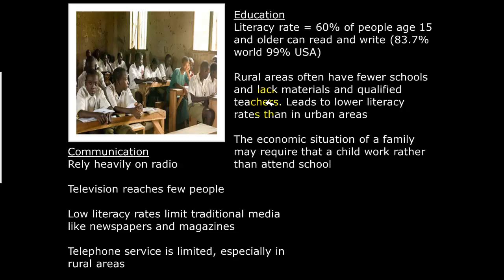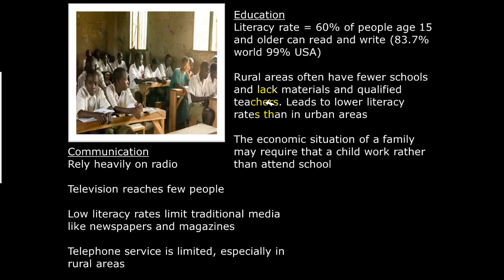Communication, not a lot of telephones, not a lot of setting up basic things like telephone wires, cell phone services, television stations. It's not a lot of that, okay? Not like we have here in the United States. The people rely very heavily on radio. Very few people actually have access to television, relatively speaking.